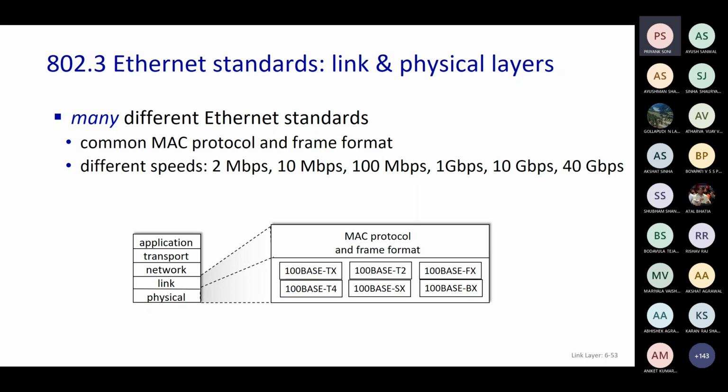Now, let us get to the Ethernet standards. I was talking about 802.3. I just told you some time back that this is the standard that is used in case of Ethernet. This 802.3 standard specifies the link layer and physical layer protocols, that is, what steps should be taken corresponding to the link layer and physical layer protocols.